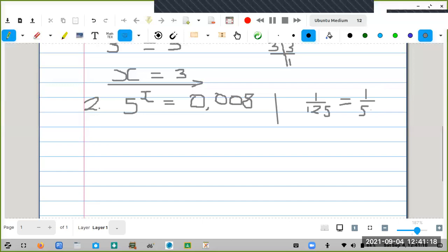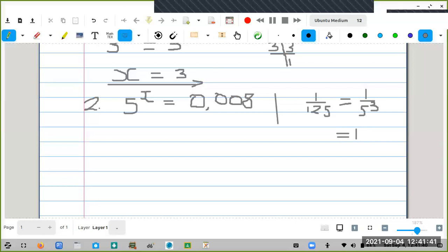That's exactly the same. So I'm going to take the denominator into the numerator.